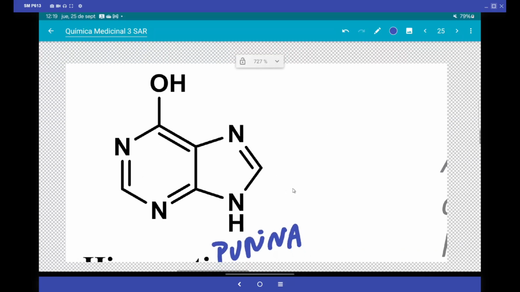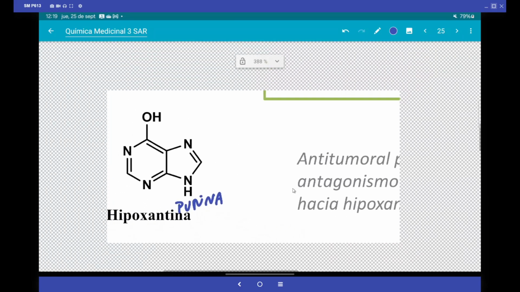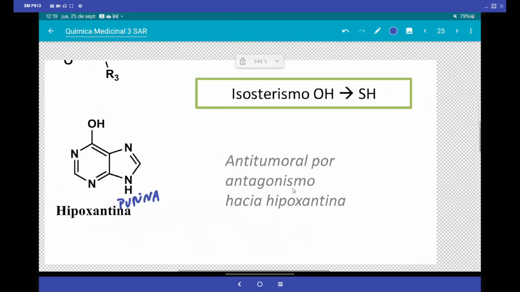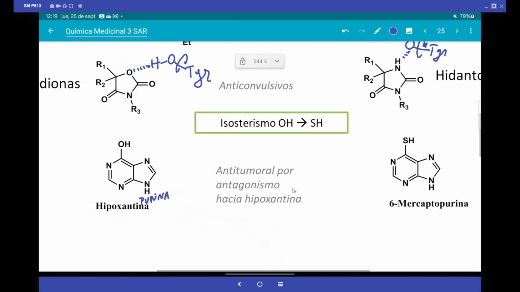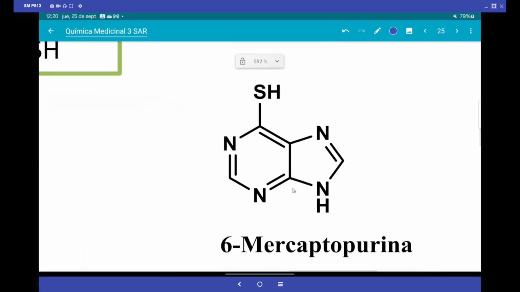This purine, called hypoxanthine, is changed by replacing the hydroxyl with a thiol, giving mercaptopurine. It is isosteric in polarity, but not in size. Remember that sulfur is considerably larger.